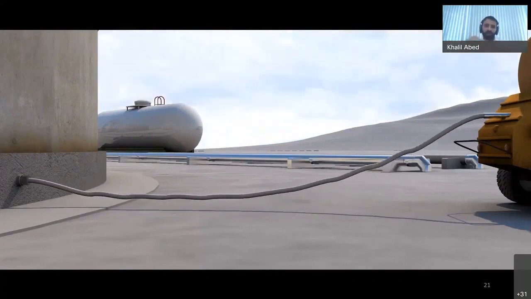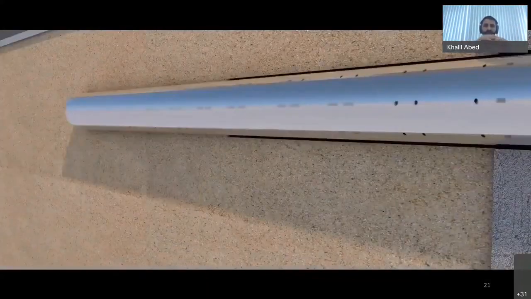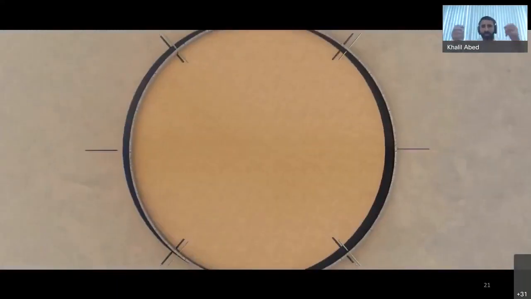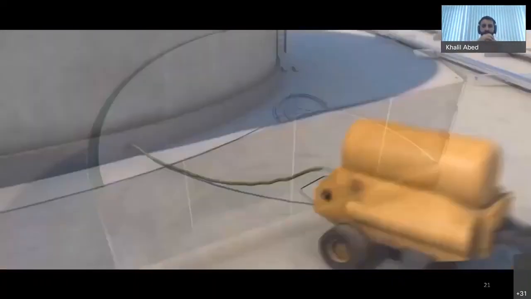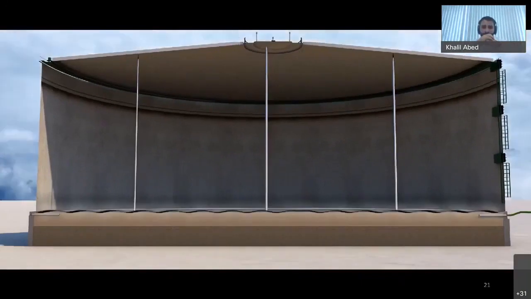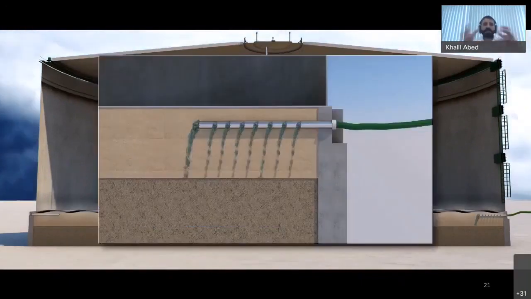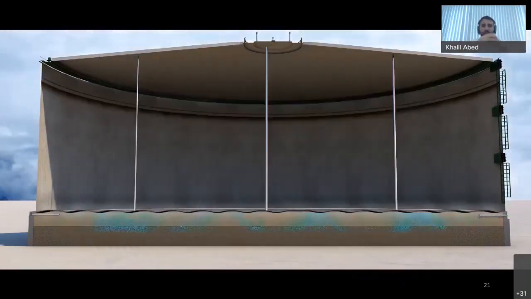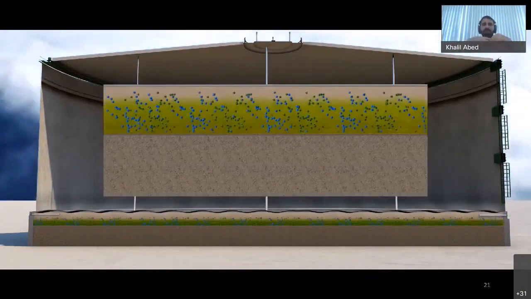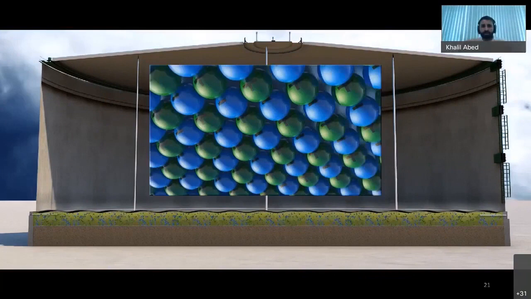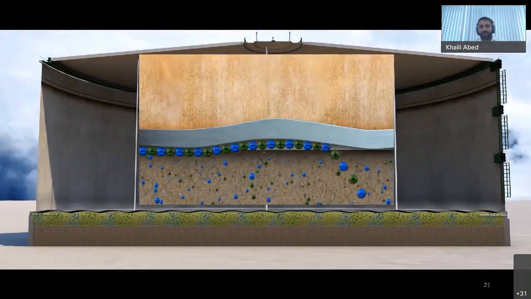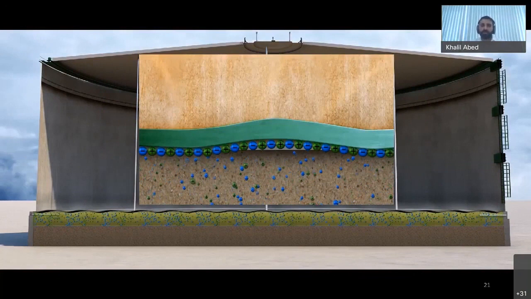We core drill into the ring wall, we push perforated PVC tubes all the way to the center of the tank, and then inject the vapor phase corrosion inhibitor liquid into the sand pad, and again the liquid will diffuse through the sand and reach the underside of the tank floor, and the vapor phase corrosion inhibitor molecules will absorb onto the surface and then form this protective layer, again suppressing active corrosion rate on the tank bottom plates surface.